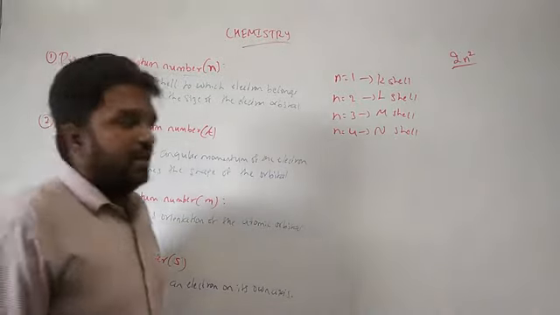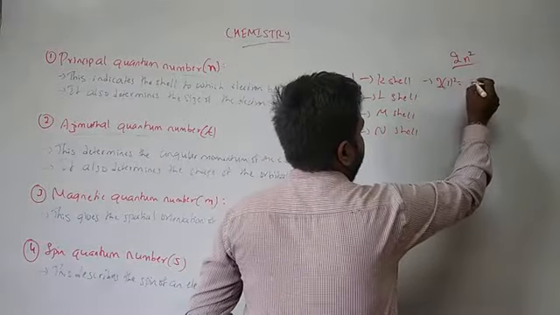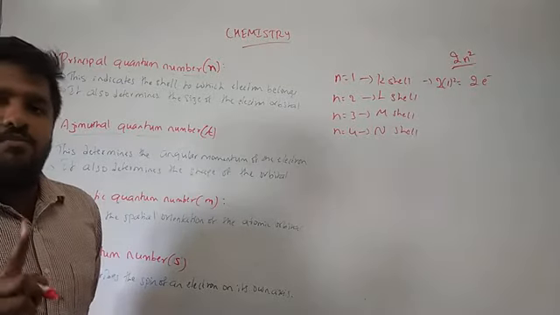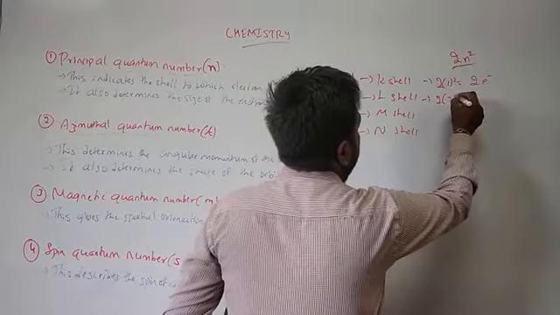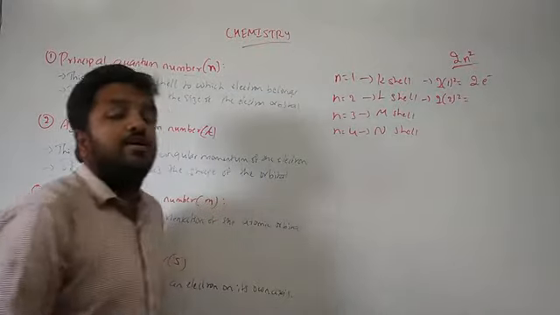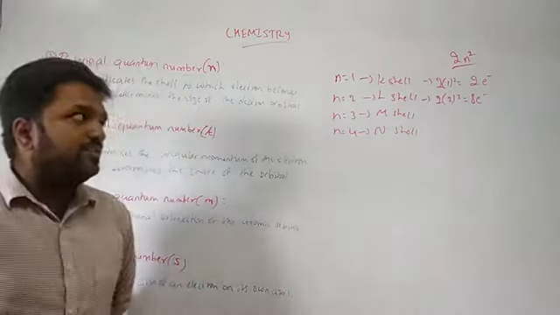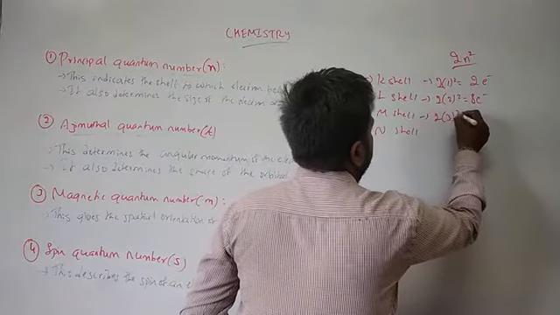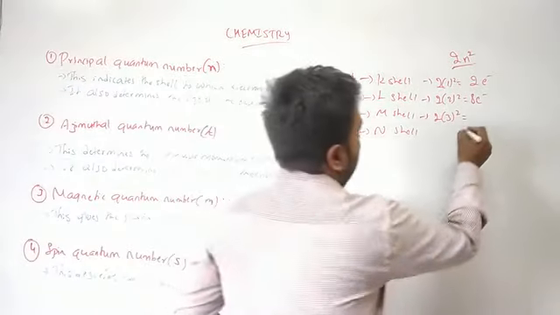In the first shell, it is 2 into 1 squared, so a maximum of 2 electrons can be accommodated. In the second shell, it is 2 into 2 squared; 2 squared is 4, and 4 into 2 is 8, so a maximum of 8 electrons can be accommodated. In the third shell, it is 2 into 3 squared, so a maximum of 18 electrons can be accommodated.